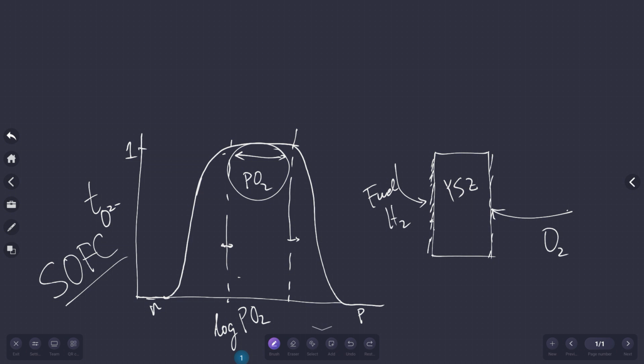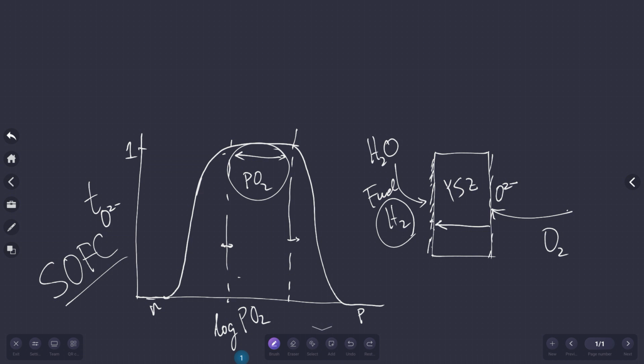Ideal fuel would be hydrogen, obviously. Oxygen will create this O2 minus at this interface, and those O2 minus will move from the right to the left. This O2 minus will come in contact with the fuel, and it will have a reaction at this interface producing primarily water vapor.